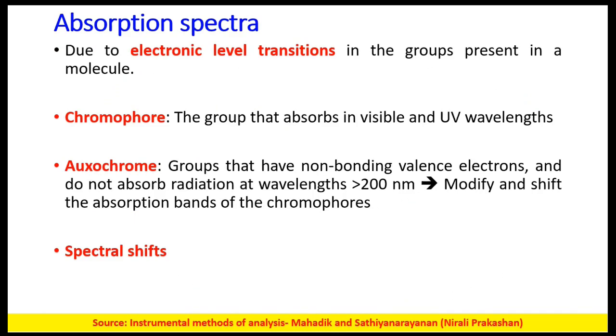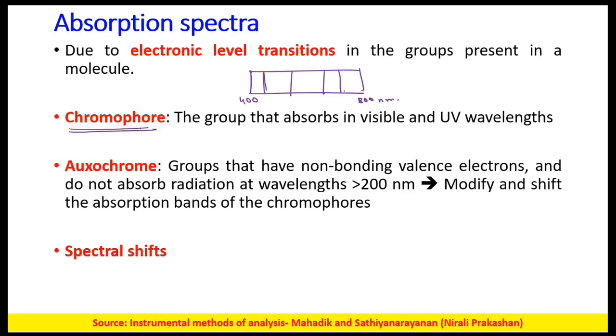Then the absorption spectrum. I have already told you what an absorption spectrum looks like. When you do the scanning, you will get a bright background, and over there you will have some lines, say 400 to 800 nanometer.